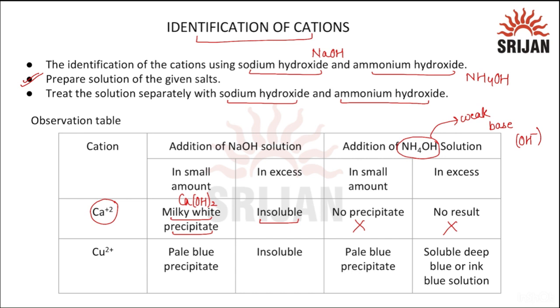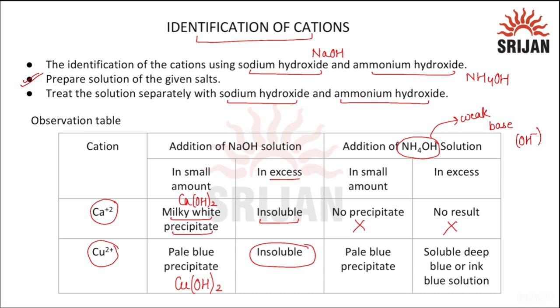Coming to the second cation, that is Cu2+, we observe a pale blue precipitate due to the formation of copper hydroxide when we add NaOH in small amount, and even if we add NaOH in excess amount, this pale blue precipitate remains insoluble.